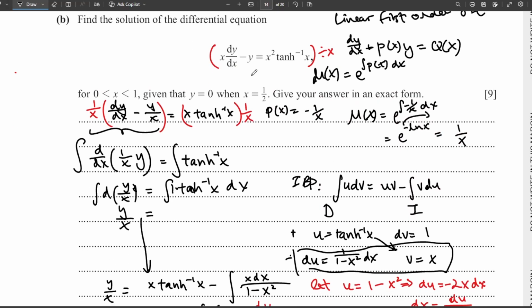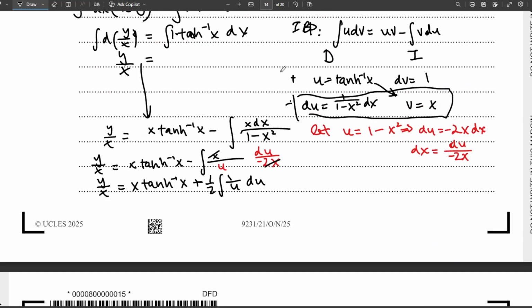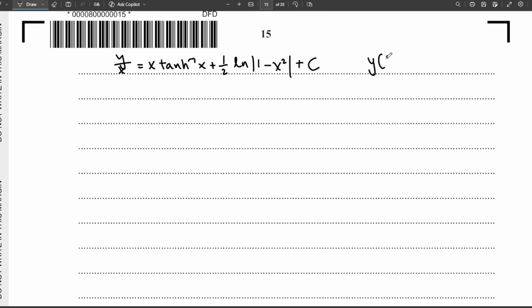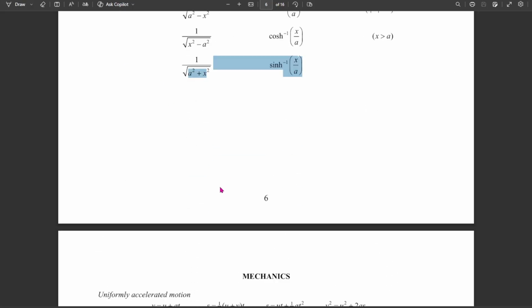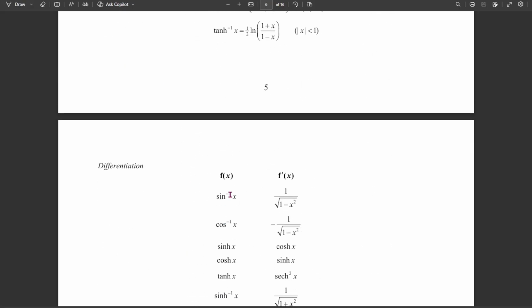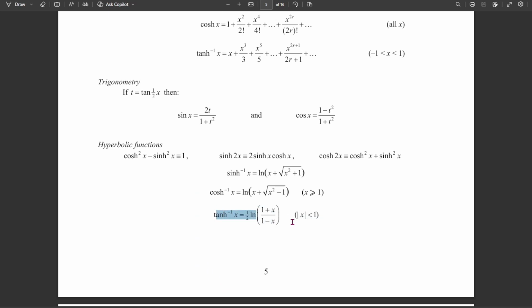Now we will make use of these boundary conditions. y of 1 over 2 is equal to 0 to get our c, so y is 0, so the whole left hand side is 0. This hyperbolic inverse tangent is in your formula sheet, right? So we just have to use this result to compute the answer.